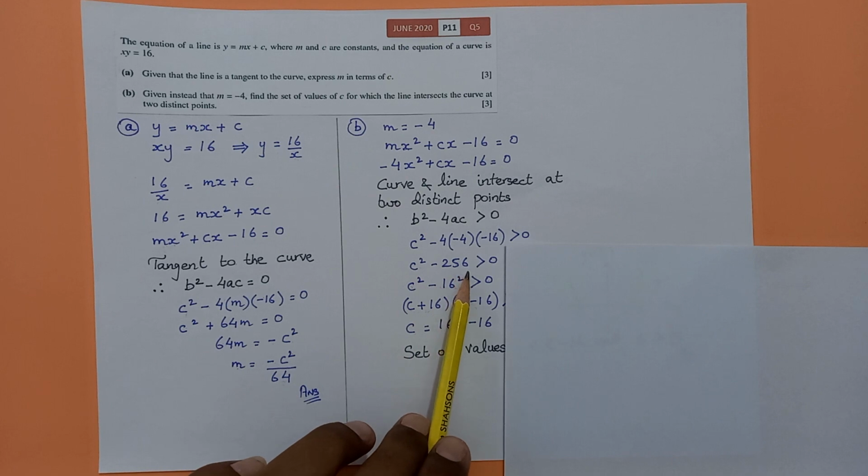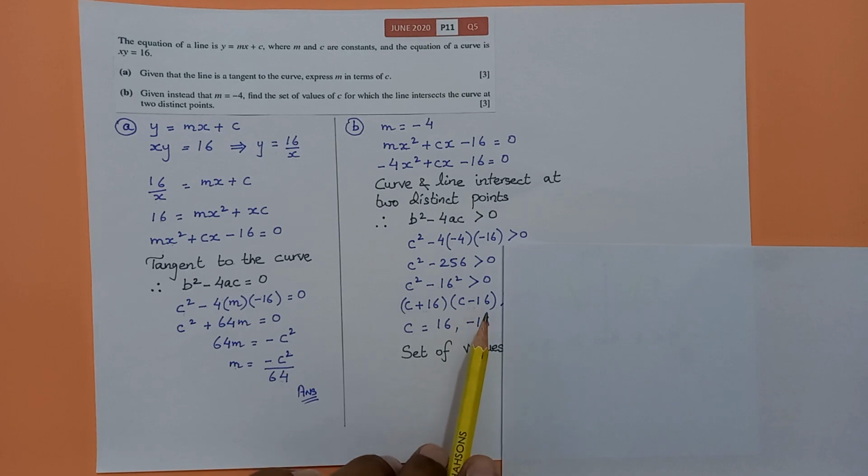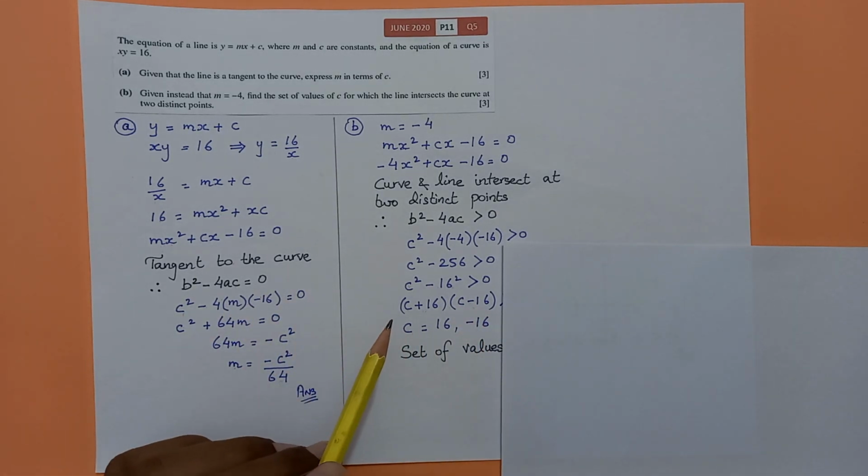It is also a quadratic equation, c square minus 256, but the term in the form of c is missing, so we don't have to use the quadratic formula again to get the set of values.